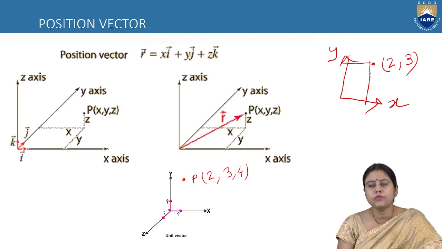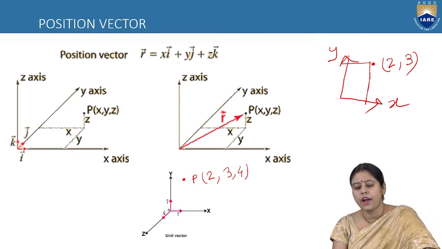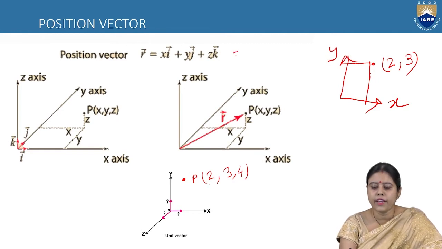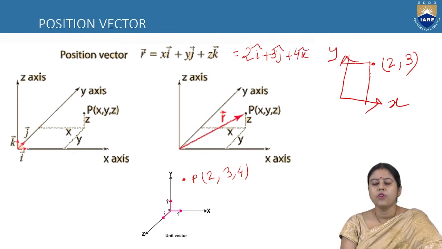What will be its position vector? We can write it in two nomenclatures. According to physics, we can use i, j and k: 2i cap plus 3j cap plus 4k cap.